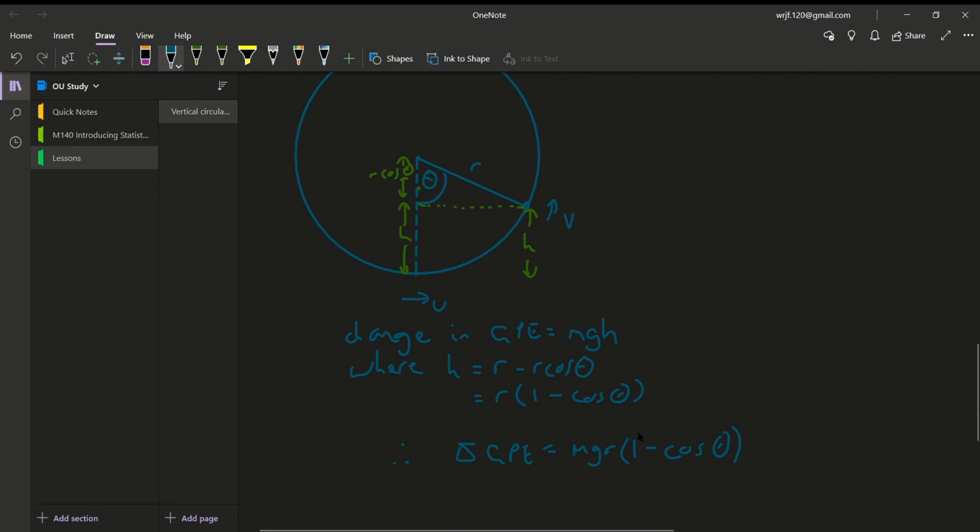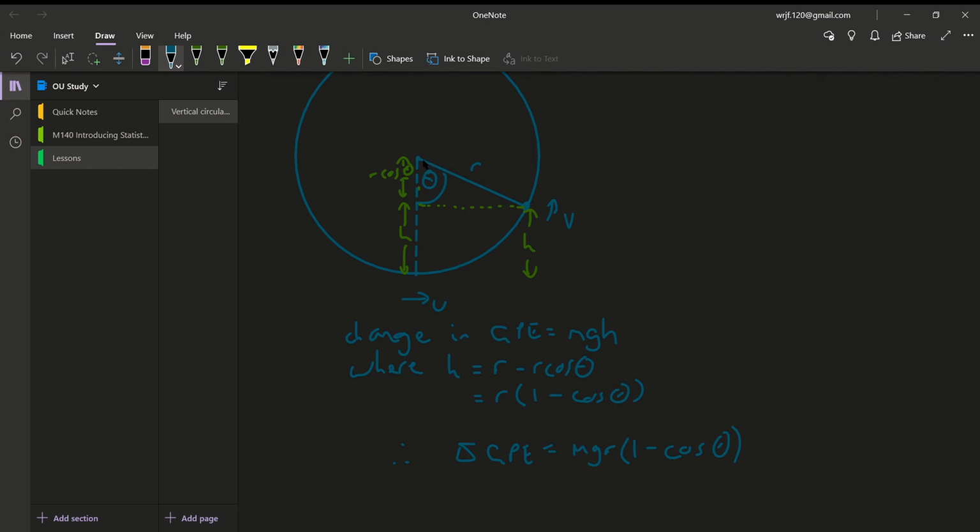But if you think about how this expression behaves for different angles of theta, clearly theta equals 0 would be at the bottom of the circle. Theta would be 0 when the particle is down here, and of course cos of 0 is 1, so we get 1 minus 1 in this bracket, and the change in gravitational potential energy becomes 0.